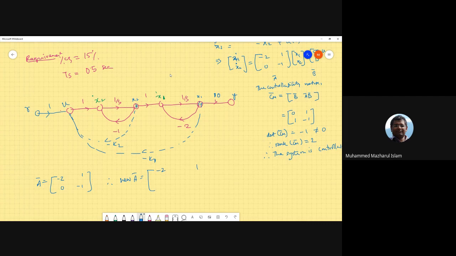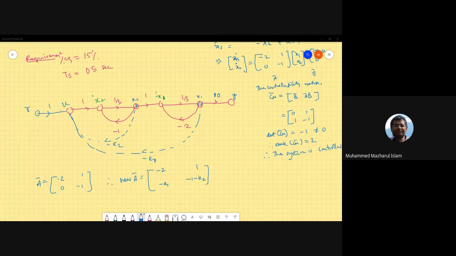Just add each element to the last row. Minus K1 added to the left one, so this will be minus K1 plus 0. Minus K2 added to the last one, so minus 1 minus K2. Done. So this is your new A.